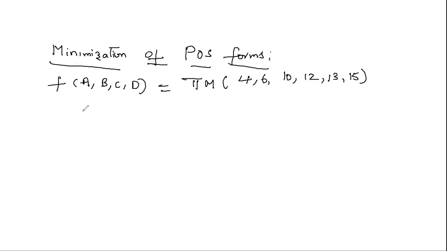For this, how you implemented it for the SOP form, the same way you are going to implement it in the POS form directly, when the terms are given in the form of numbers like 4, 6, 10, 12, 13, 15. How are you going to simplify the POS problem using K-maps? For this you need to draw the K-map like this.